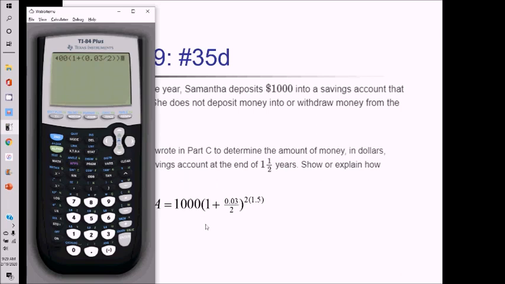And then we have to do exponent, and then 2 times 1.5. Now, if you have an older calculator, you might need a parentheses around the 2 times 1.5. But if you have a superscript on your calculator, it will do that grouping for you. And then pressing enter comes out to about $1,045.68.